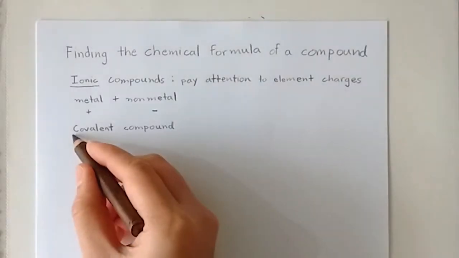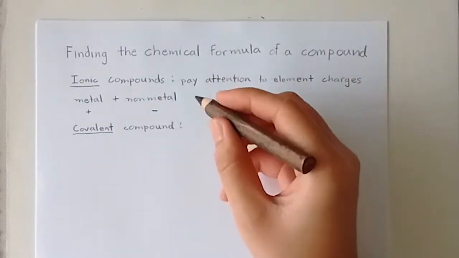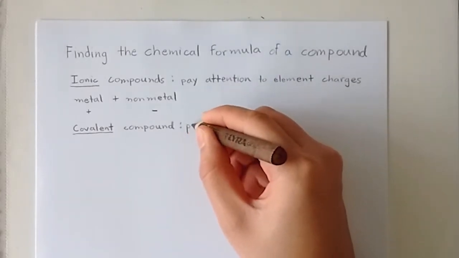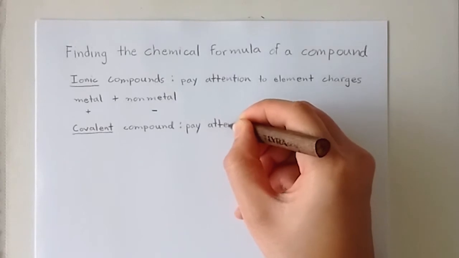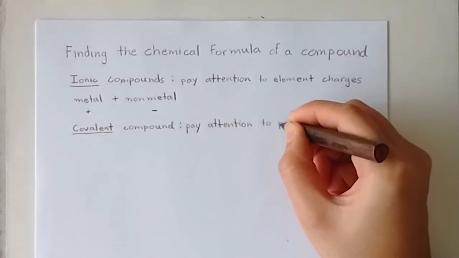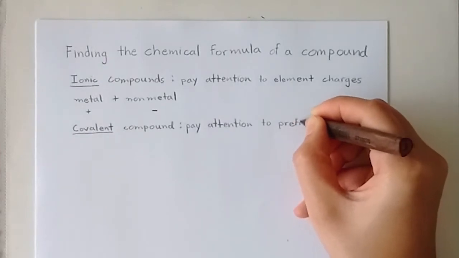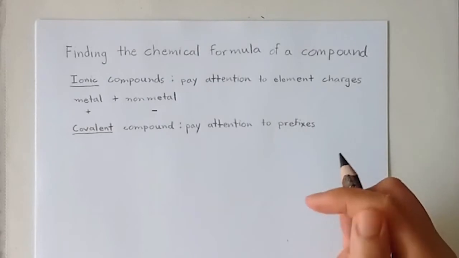For these compounds, you want to pay attention to the prefixes. These prefixes will tell you the number of atoms for those elements.